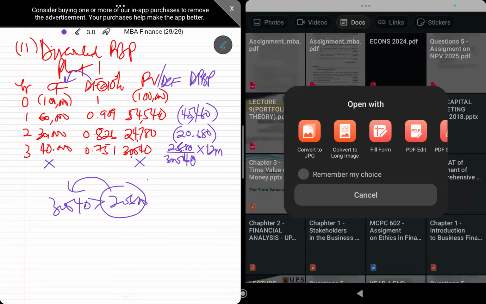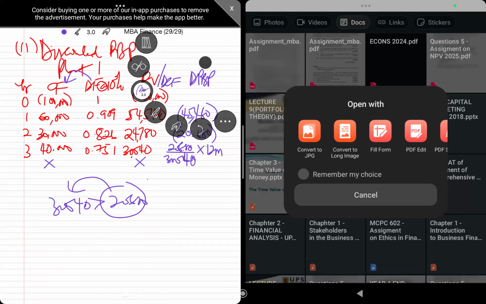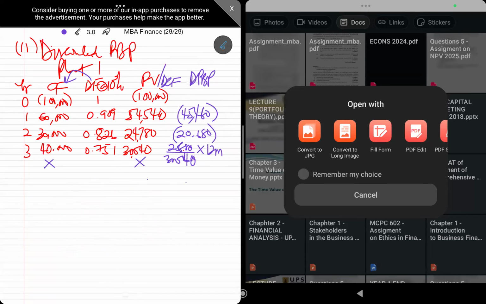But look at year 2. The cash flow is 24,780 and the balance was 45,460, so it's more than it. That will give us 8.2 months, so close to 8, going to 9 months.